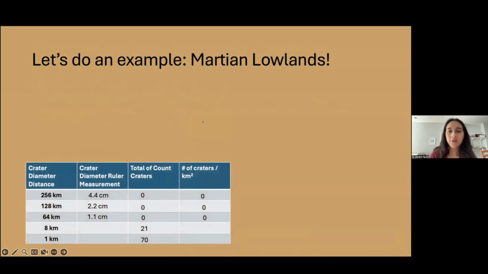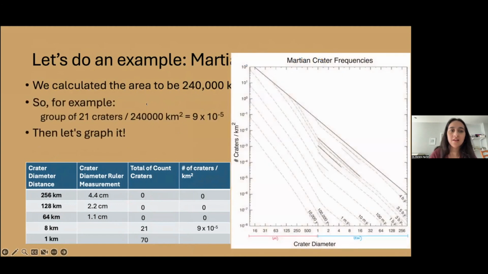So now we can take those numbers: 21 divided by 240,000 kilometers squared. We can calculate that number: 9 times 10 to the negative 5. And we can graph that point now. So here is the graph that you guys should have gotten.